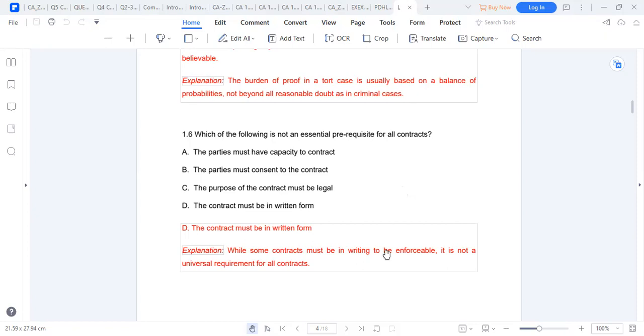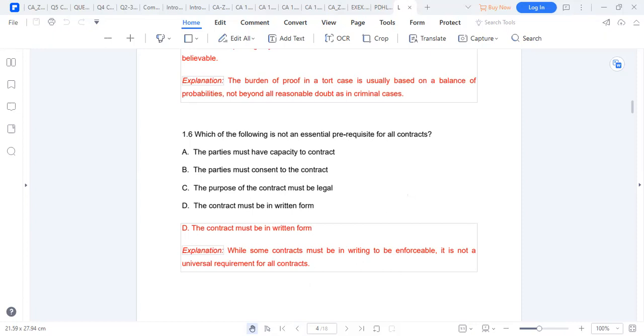Then the contract must be in written form. So which one of the following is not a prerequisite? So our answer is the contract must not always be written. Okay, it can be a verbal but binding contract.